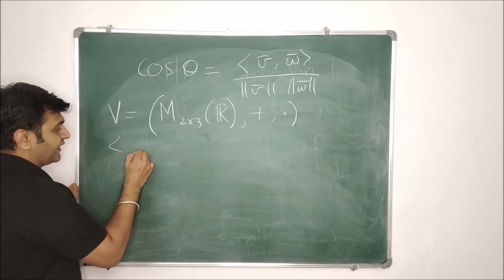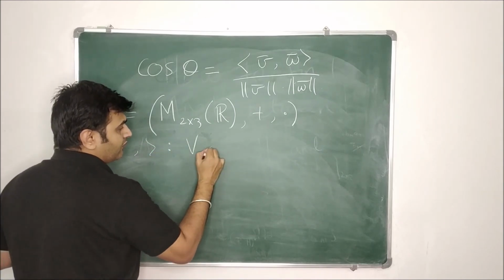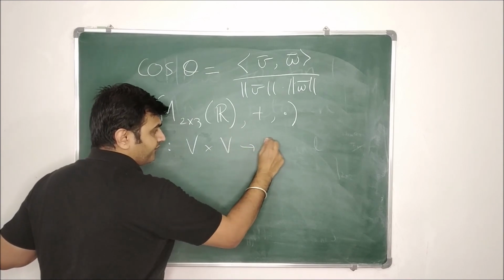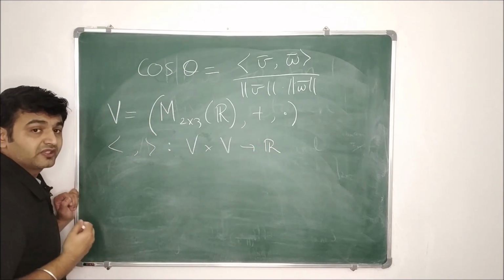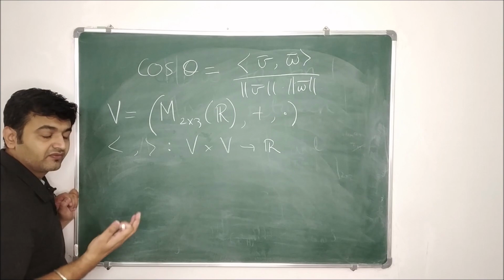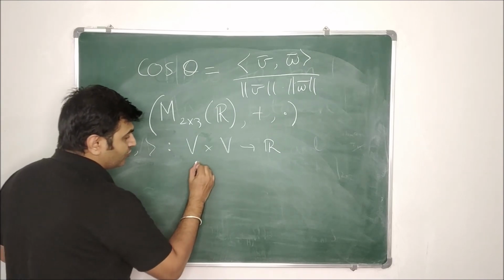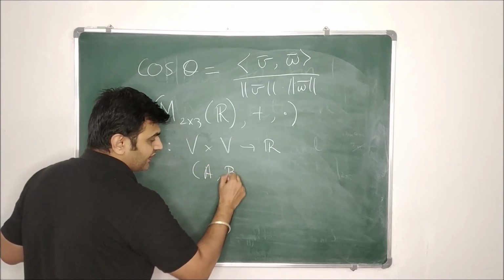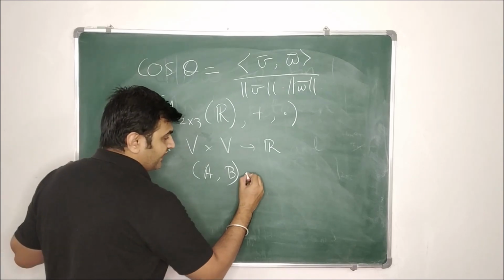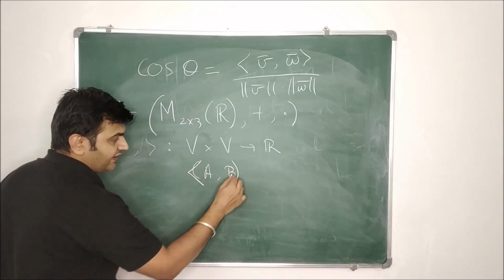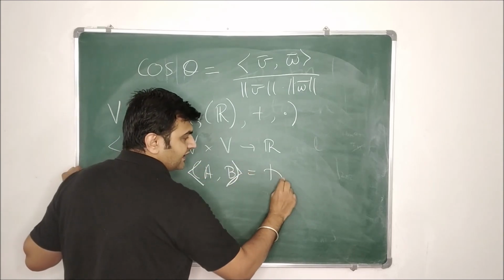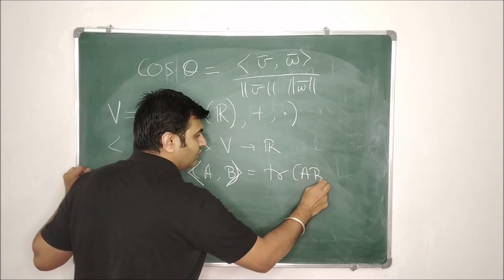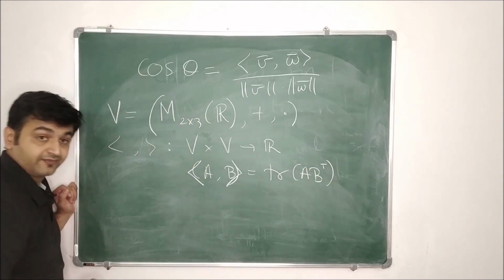Now I want to define an inner product from V cross V to R. What is a good number associated to a matrix? One of them is the trace. So you take any two matrices A and B, and we define the inner product of A, B as the trace of A into B transpose.